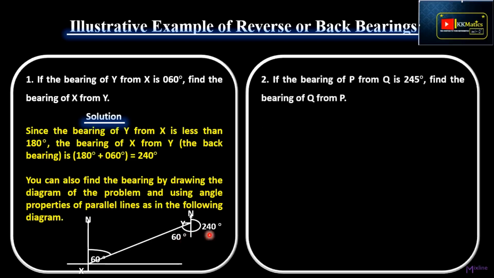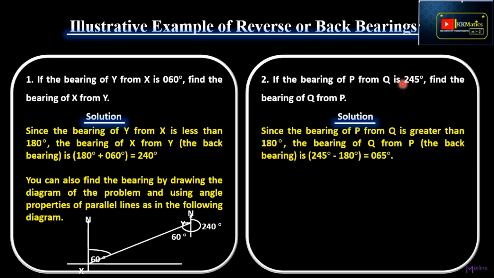Question 2. If the bearing of P from Q is 245 degrees, find the bearing of Q from P. Solution. So you notice that this is 245, which is greater than 180 degrees. So you then have to subtract 180 degrees from this bearing here.